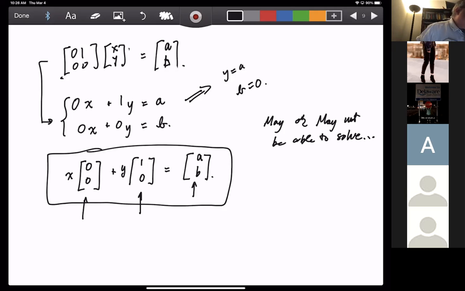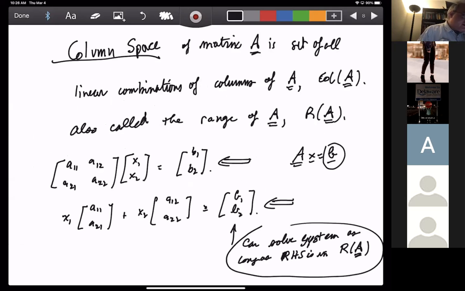So the column space, or the range, just like the null space, is a subspace. That's going to be a set of vectors that in fact is a subspace.